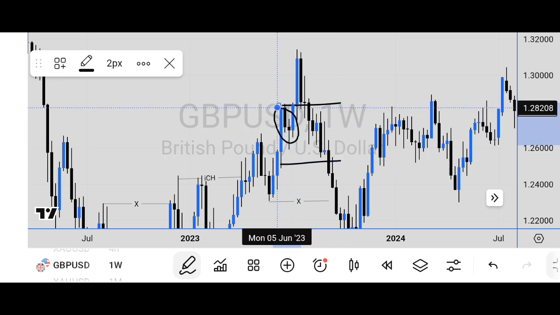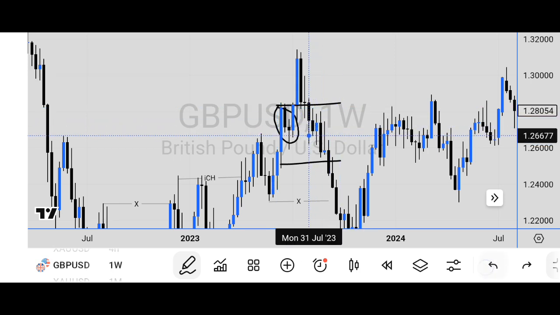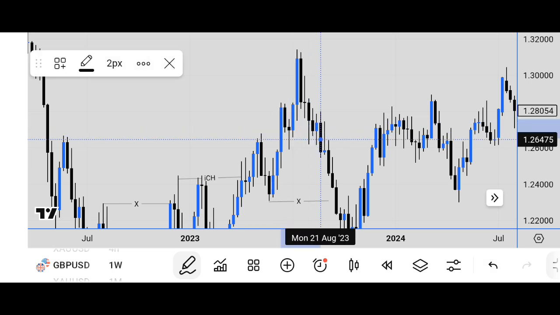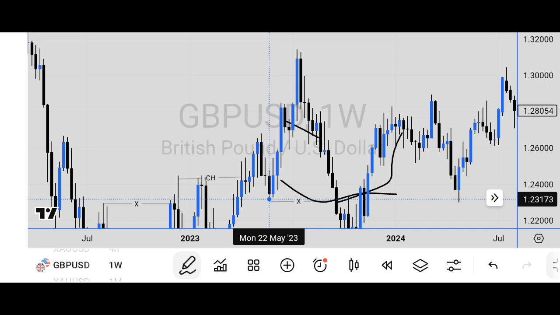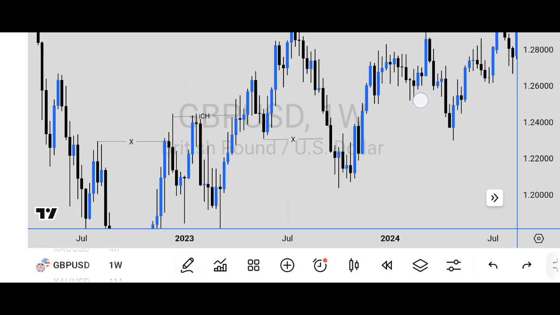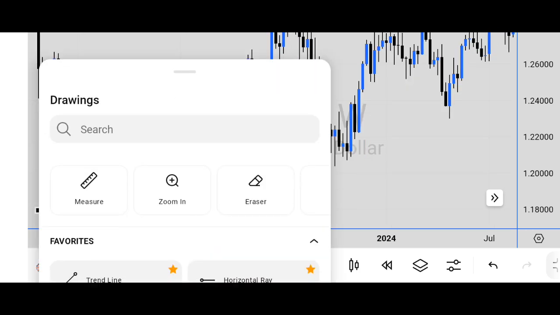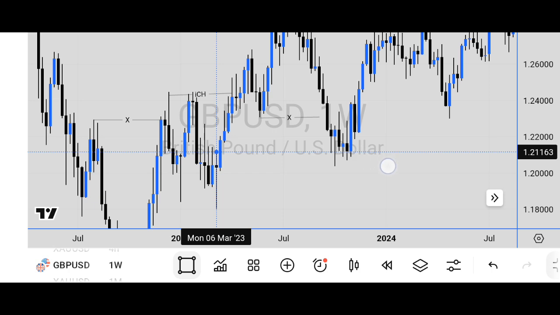They are inside bar candles. So it is wrong for us to mark it as our inducement. This is our inducement, and clearly price took out the inducement and came straight into our order block.